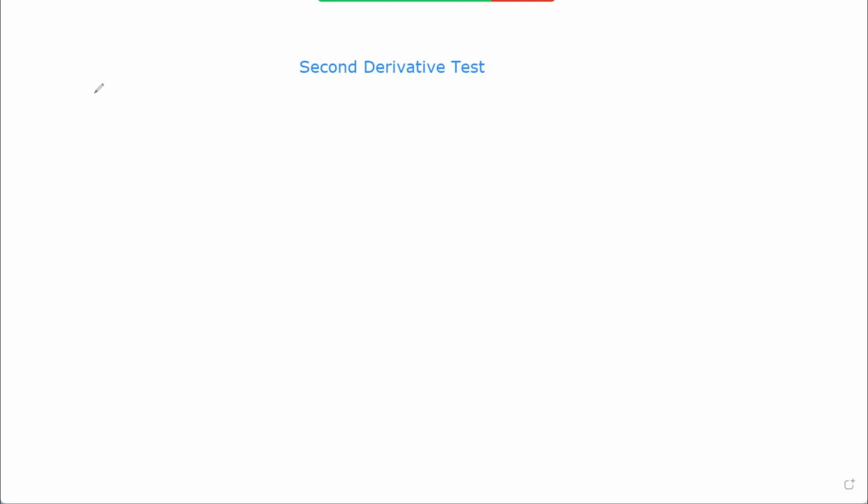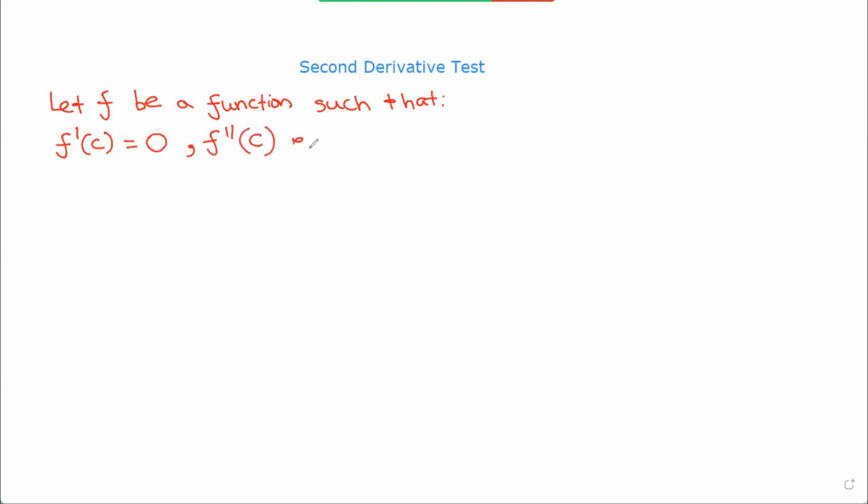So the second derivative test states that, let f be a function such that f prime of c, the derivative of f at a point c, is 0, and f double prime of c exists.